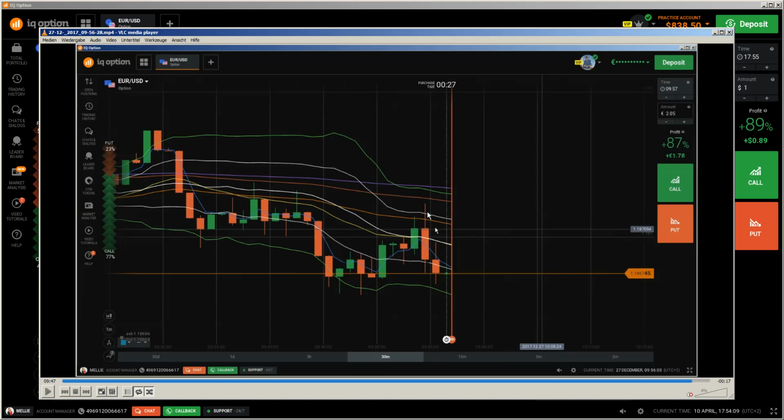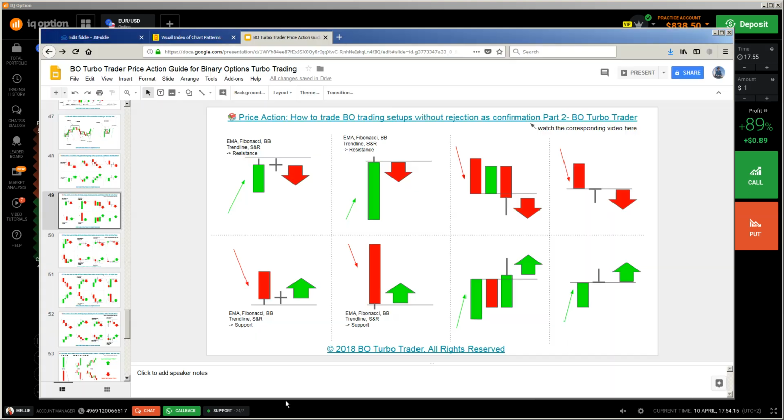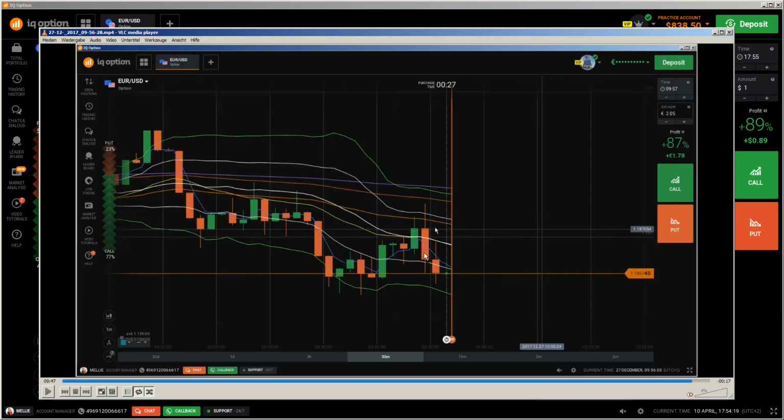That support area got broken by this candlestick, the downtrend here, yes, like I explained in the ebook, yes. Here we have a downtrend, yes, and then this tried to go up again, yes. And like I told you, you can trade those setups without rejection.